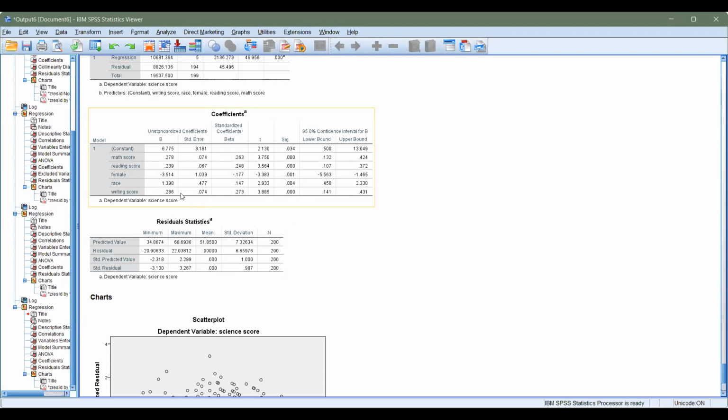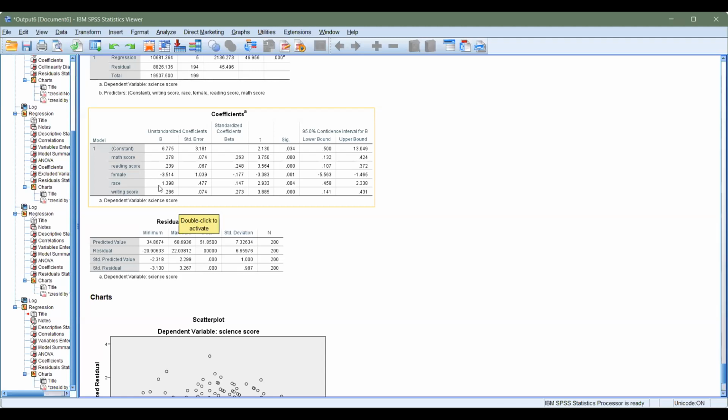In this model, these are the beta. See, B means beta, that means regression coefficients. So you have to write your regression equation something like this: 6.755 plus 0.278 into math score plus 0.239 into reading score minus 3.5 into female, or maybe you can write gender.